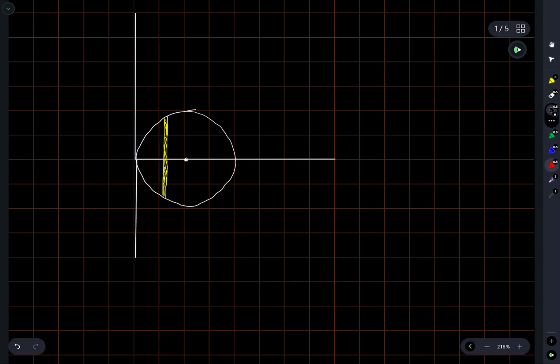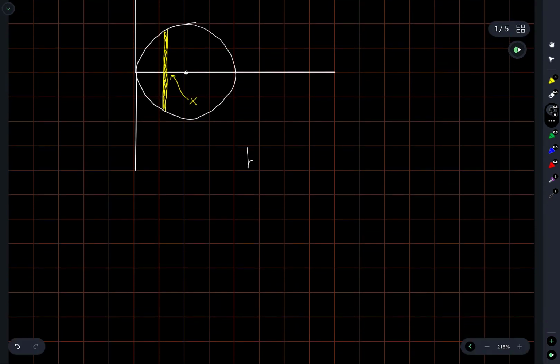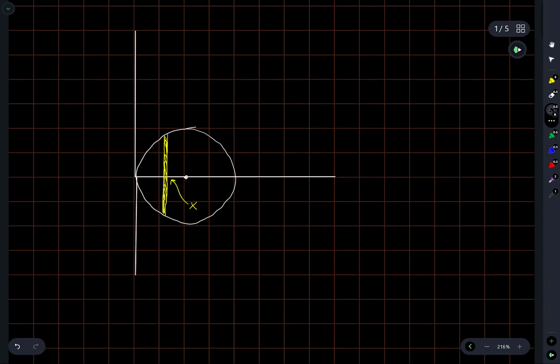Okay, so if I call this x, then the height of this piece, h of x, well, I guess let's write out the formula for this circle first, shall we? So this circle is defined by x minus 1 squared plus y squared is equal to 1.